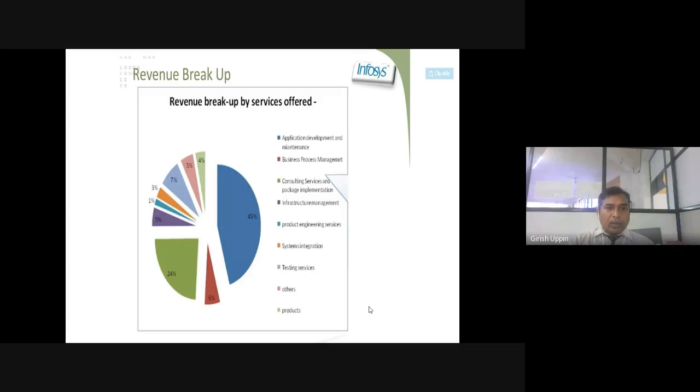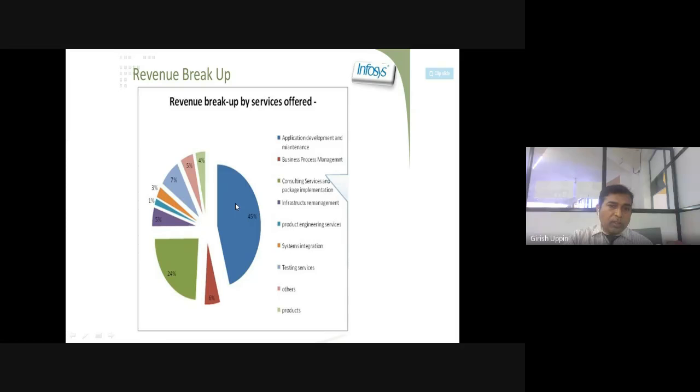If you see the revenue breakup, 45% of the revenue comes from the application development and maintenance. So this is actually a huge chunk where Infosys has earned by the applications development and the maintenance. Then 24% comes from the consulting services and the package implementation.